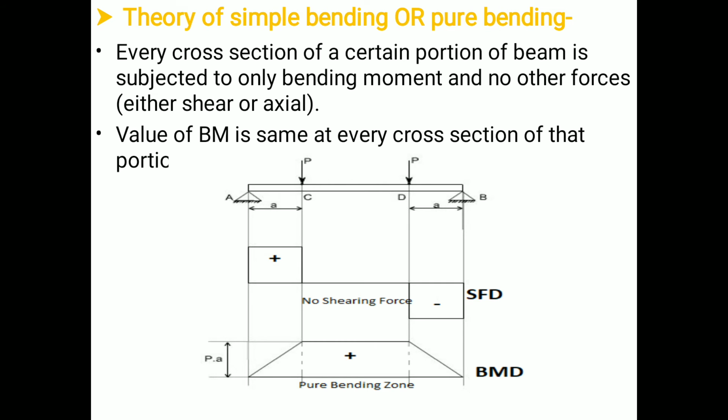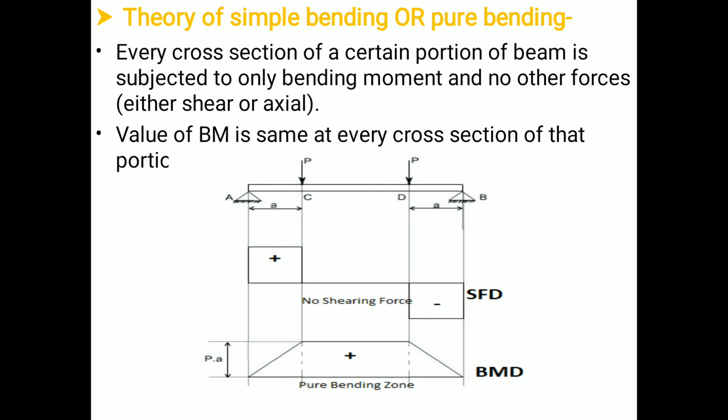Now we will discuss the theory of simple bending, also known as pure bending. Now what is simple bending or pure bending? It means that if at every cross section of a certain portion of a beam there is only bending moment and no other force, be it a shear force or axial force, then that portion of the beam is said to be under the action of pure bending.